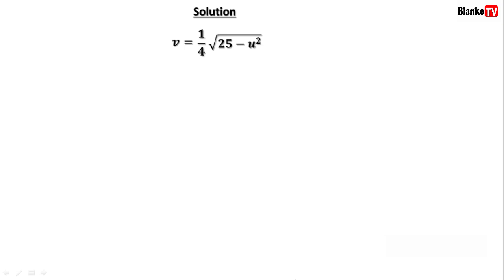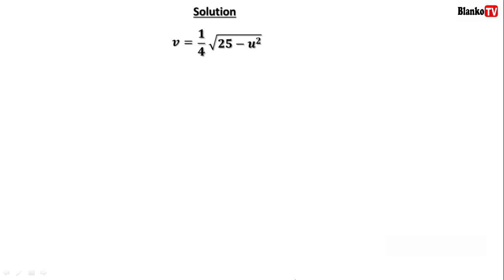So what we do first is we square both the left hand side and then the right hand side, and we do this to get rid of the square root. When we do that, automatically we remove the square root.